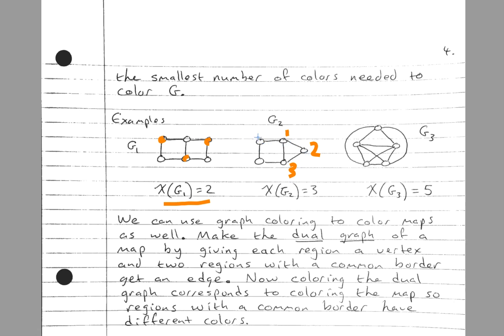And then this could be 2 or 3, this could be 1 or 2. But we do need 3 colors here, and we can color it with 3 colors. So the chromatic number is 3. This is not bipartite, since we needed more than 2 colors.